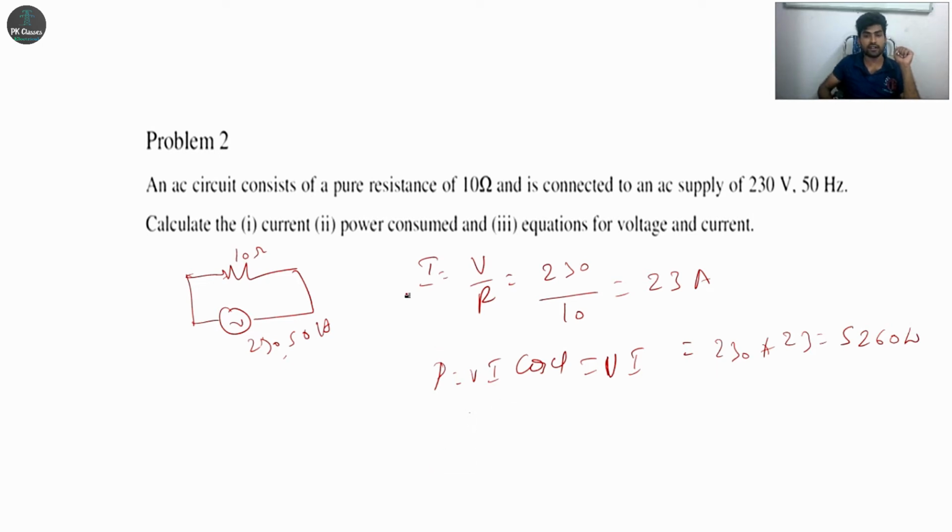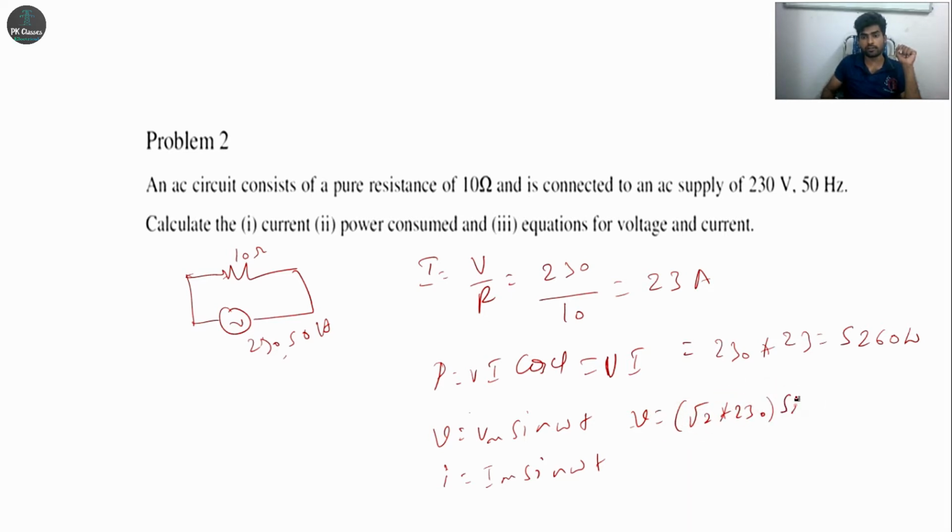Next there is an equation of voltage and current. So the equation of voltage is V is equal to Vm sin omega t and I is equal to Im sin omega t. So how to calculate Vm? Vm is equal to root 2 into Vrms, right? So V is equal to root 2 into 230 sin omega t.